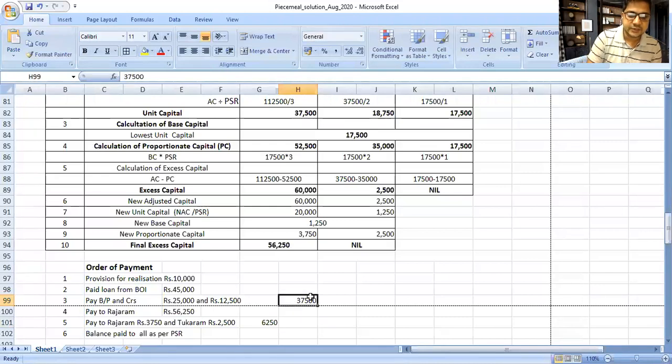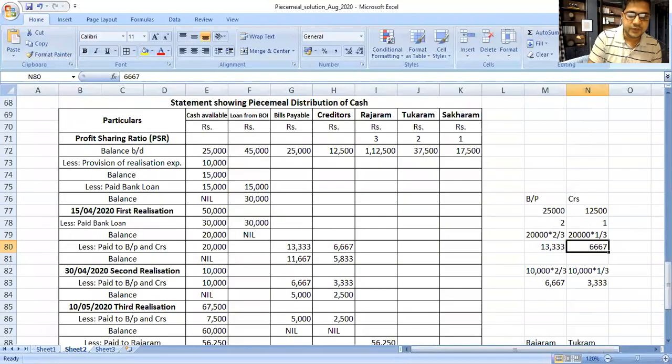And this 37,500 we can't pay in one shot. So we paid first 13,333 and 6,666. The rest of the value, that is 667 and 333, we paid after receiving 10,000.